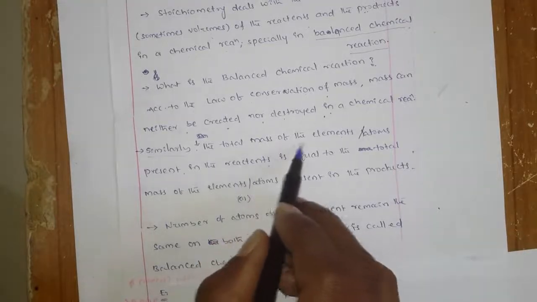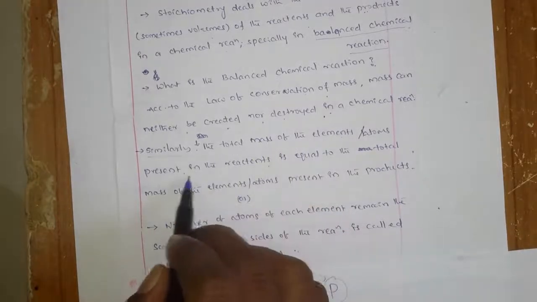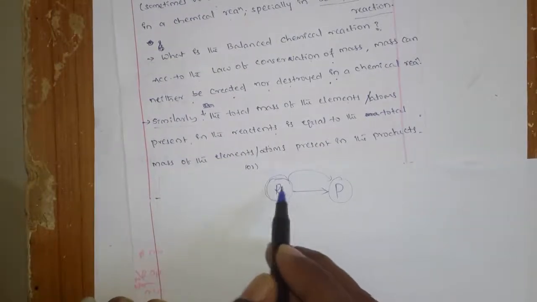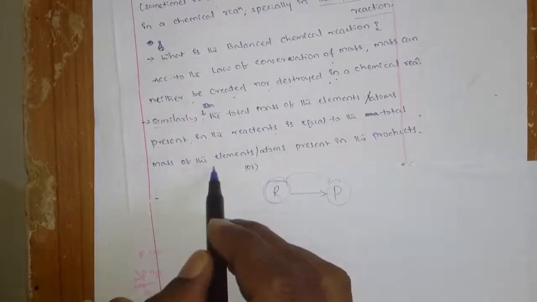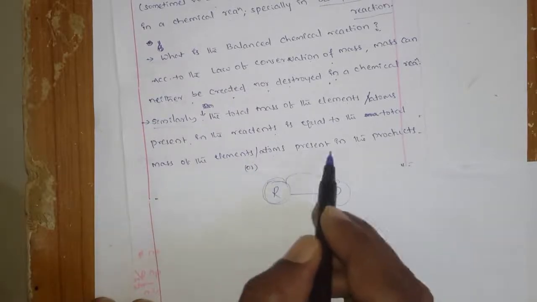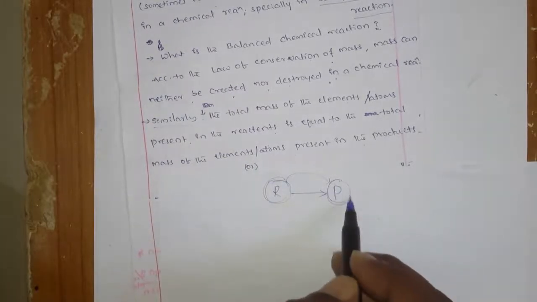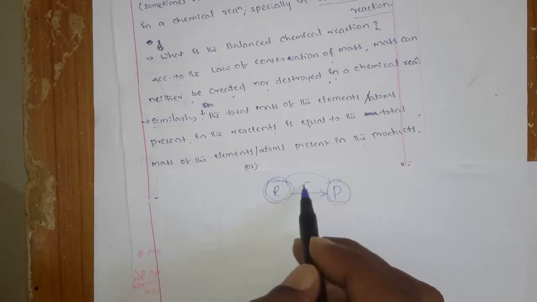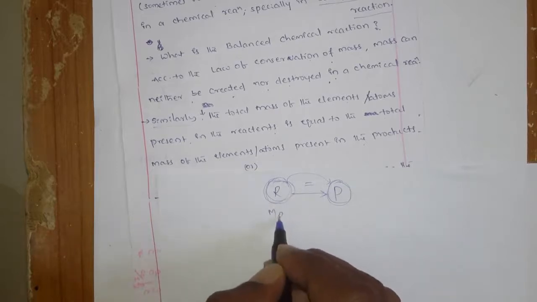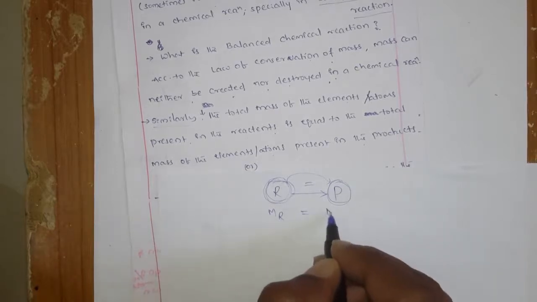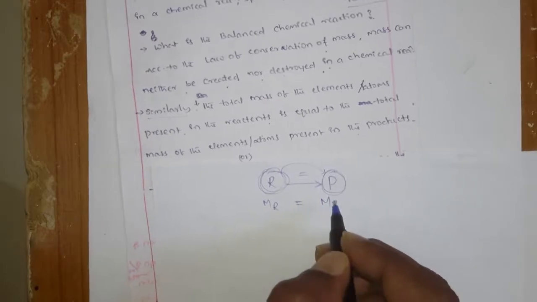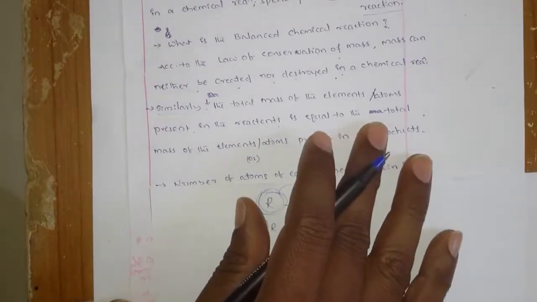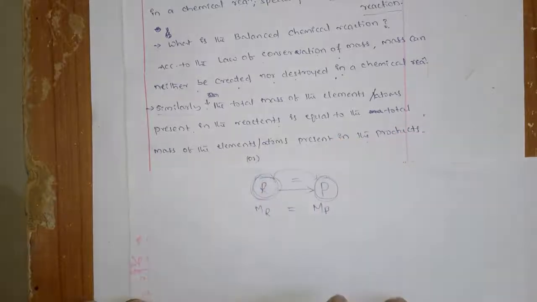So in a chemical reaction, the total mass of the elements or atoms present in the reactants must be equal to the total mass of the elements or atoms present in the products. That is, the mass of reactants must be equal to the mass of products, according to the law of conservation of mass.